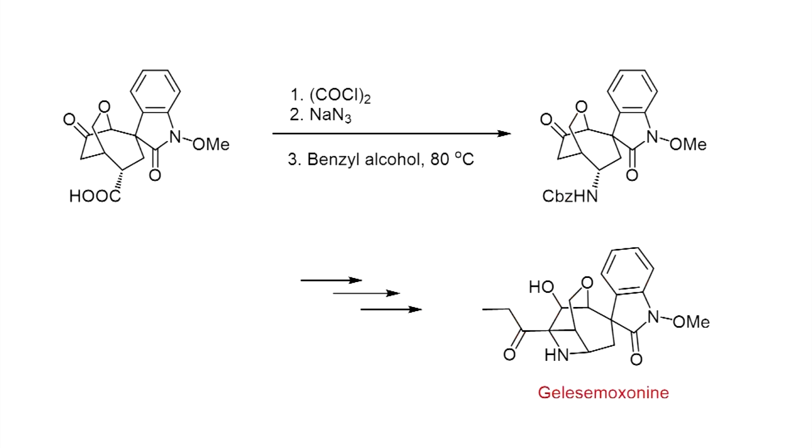Here another example shown, the reaction of the carboxylic acid with oxalyl chloride can generate the corresponding acid chloride.